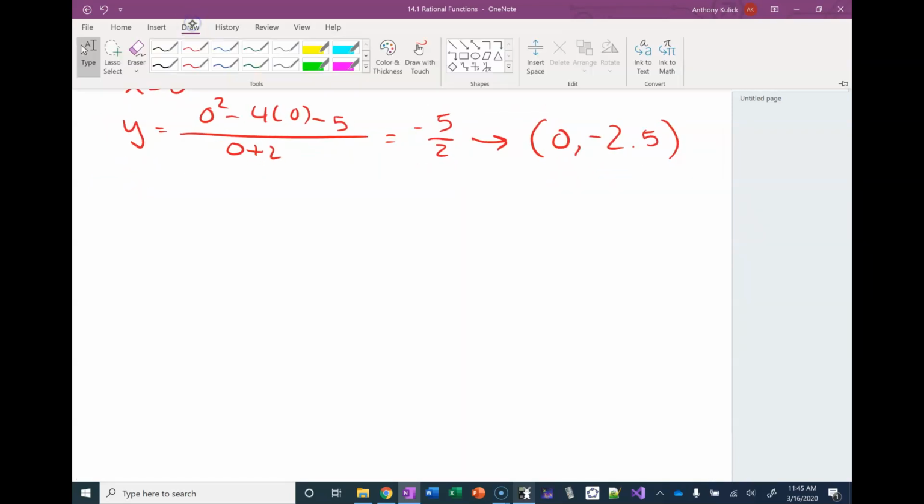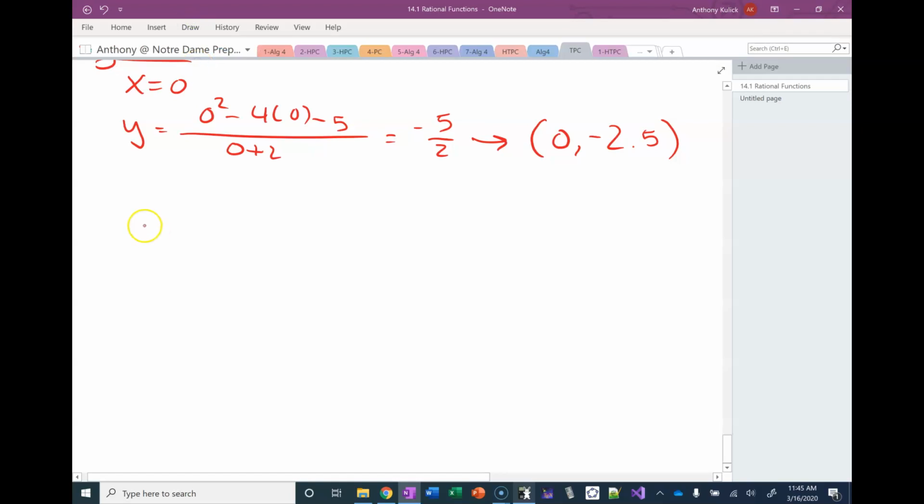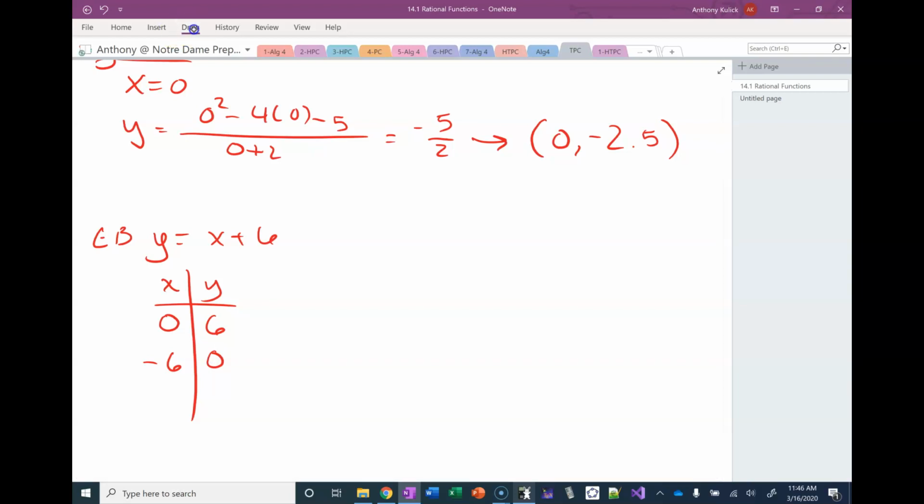It's time to start graphing things, but before I do that, I need to make an XY table to graph this end behavior. So I can just pick values for X and find the corresponding value for Y. So I'm going to pick 0, which gives me the Y coordinate 6. And then I'm going to pick -6, which gives me the Y coordinate 0. You can pick any X's you like. I like to pick them kind of far apart because it makes it easier to draw a straight line.